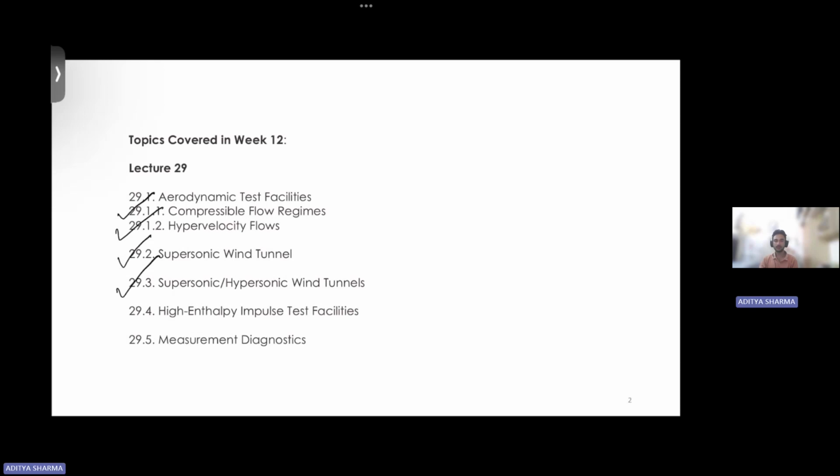The next setup is the free piston shock tunnel. It has a reservoir tube, and then it has a compression tube, right? Then it has a driven section.